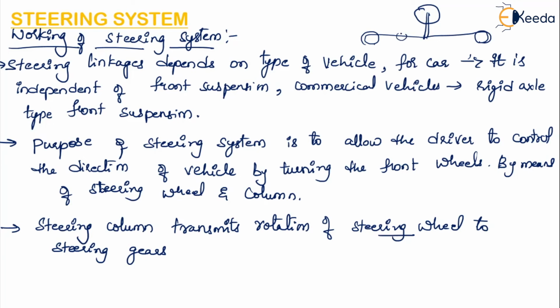There are many linkages in between, and there is a steering gearbox here. When the steering wheel is rotated by the driver, this rotation is transmitted to the steering gears through this column.